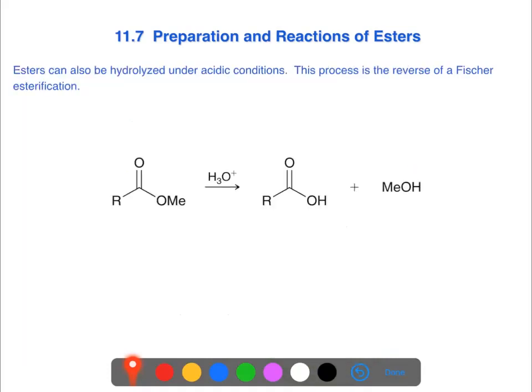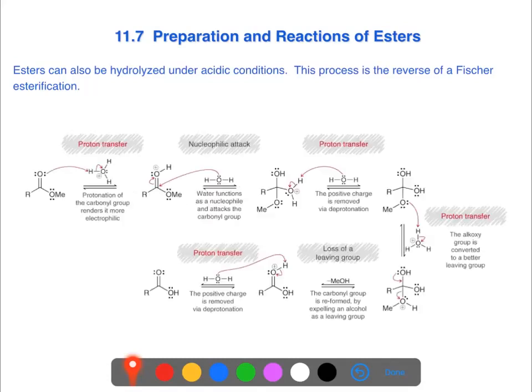Now, as I mentioned, esters can also be hydrolyzed under acidic conditions back to the corresponding carboxylic acid. And this process is the reverse of Fischer esterification. So the mechanism for the hydrolysis of esters is the same as Fischer esterification.